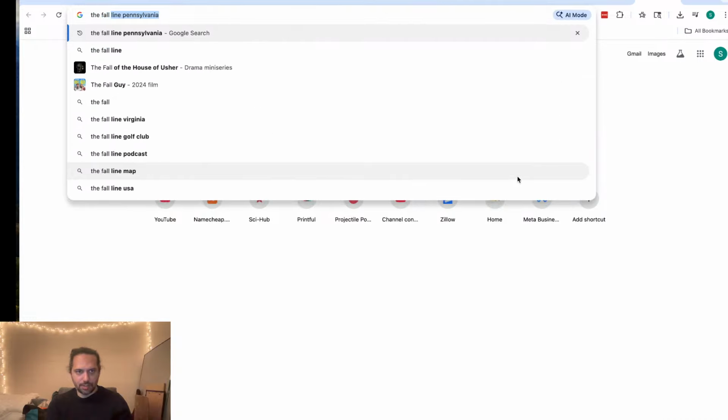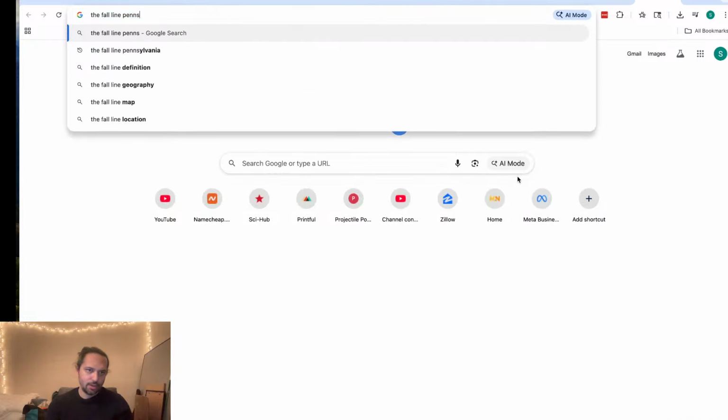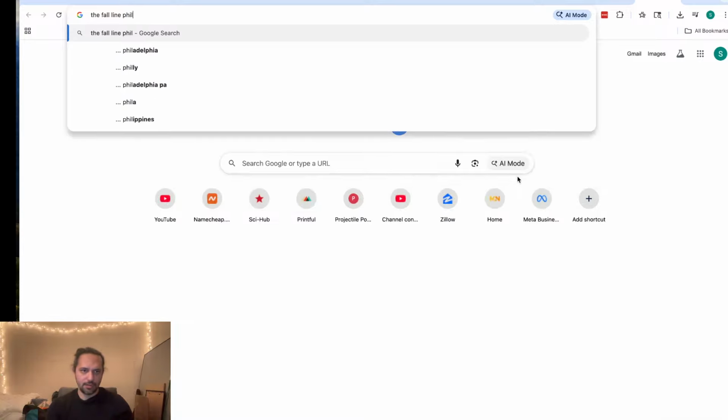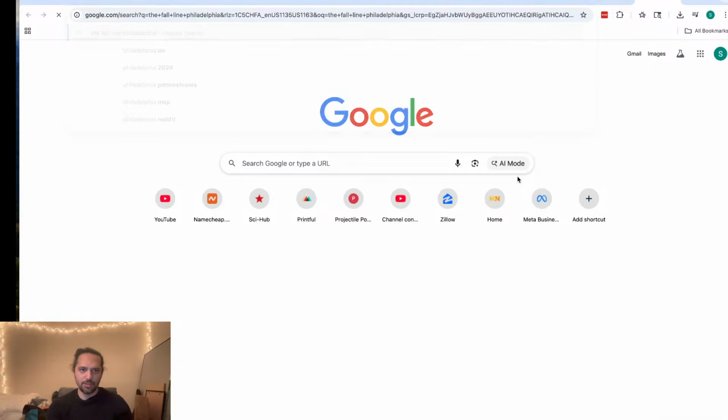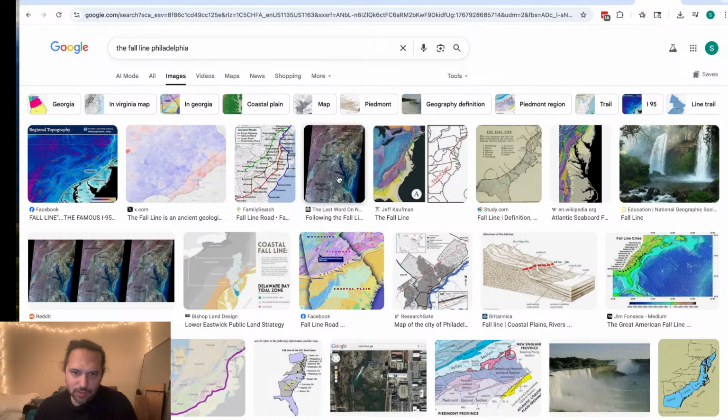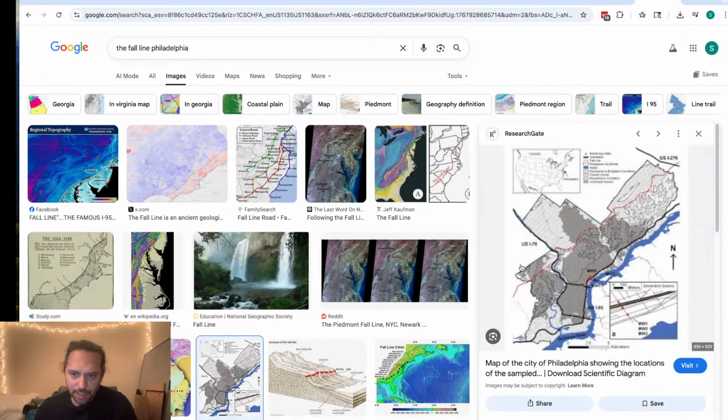So if you do things like the Fall Line, Philadelphia, there are all sorts of interesting maps where you can see. Okay, here you go. I'm looking for something sort of like this.